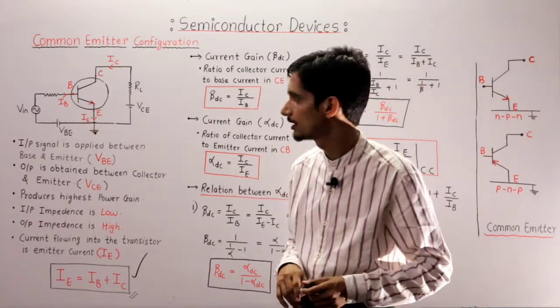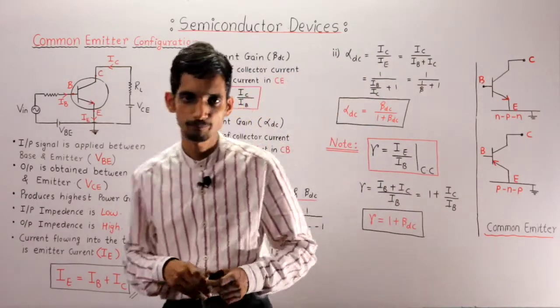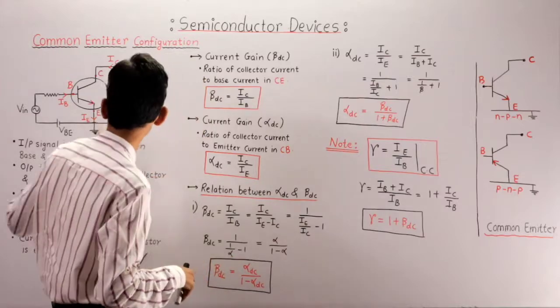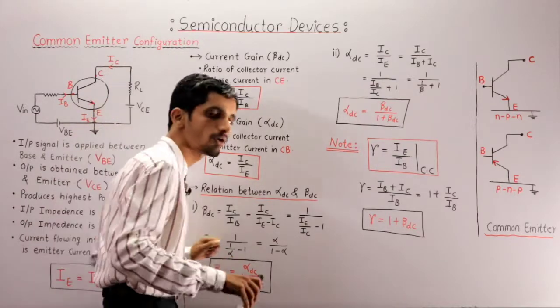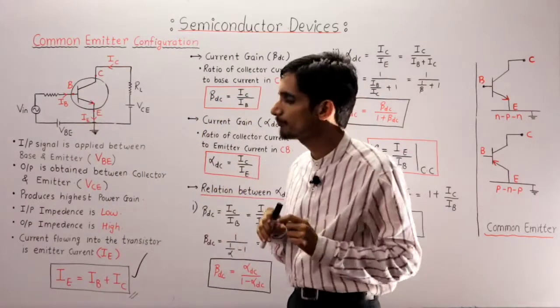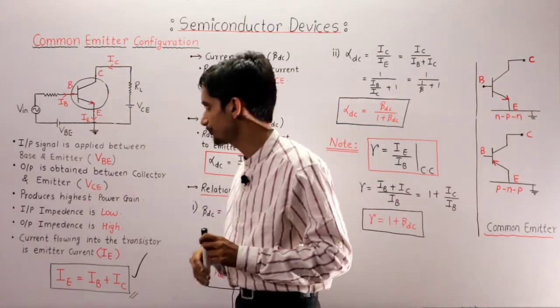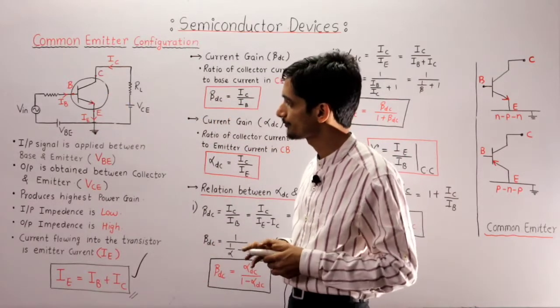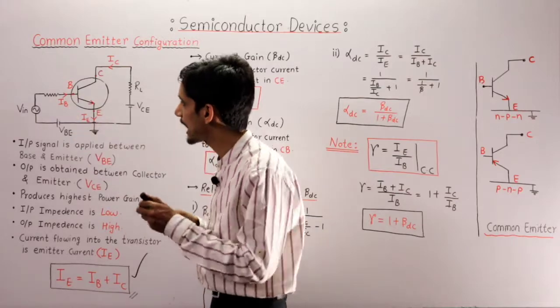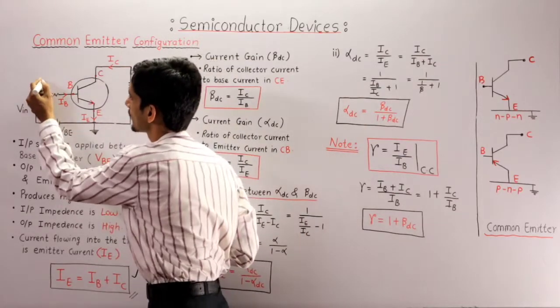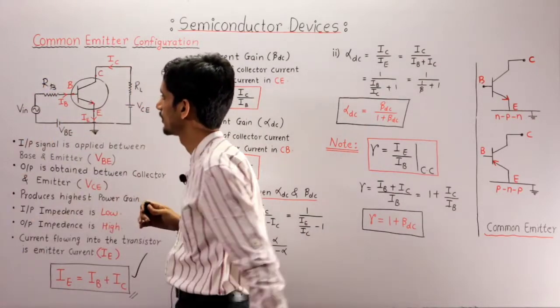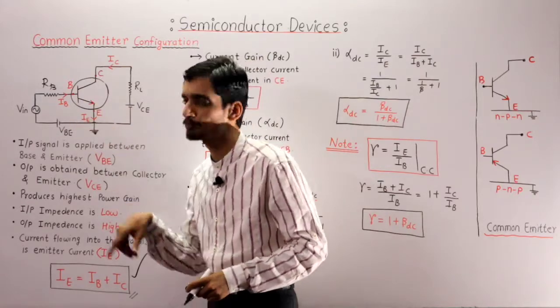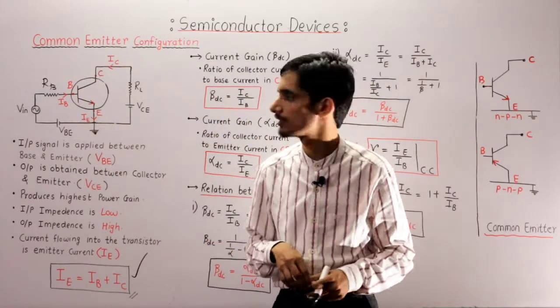Now listen here. In this circuit diagram, if you observe, this is RB, which is the base resistance, and the current flowing through the base terminal is IB.